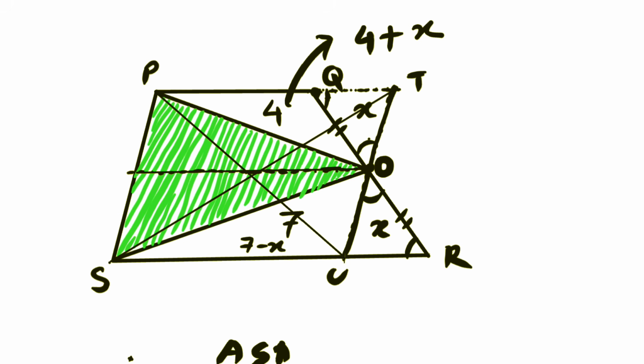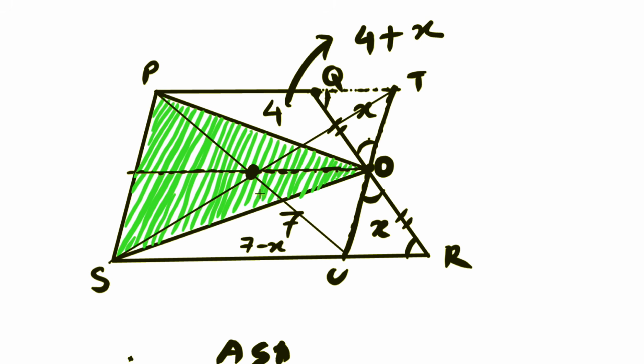Now we use a fundamental property of parallelograms. If you draw a diagonal inside a parallelogram, that diagonal divides the parallelogram into 2 triangles with equal areas. The reason is that the 2 triangles have equal bases and the same perpendicular height, so their areas must be equal.